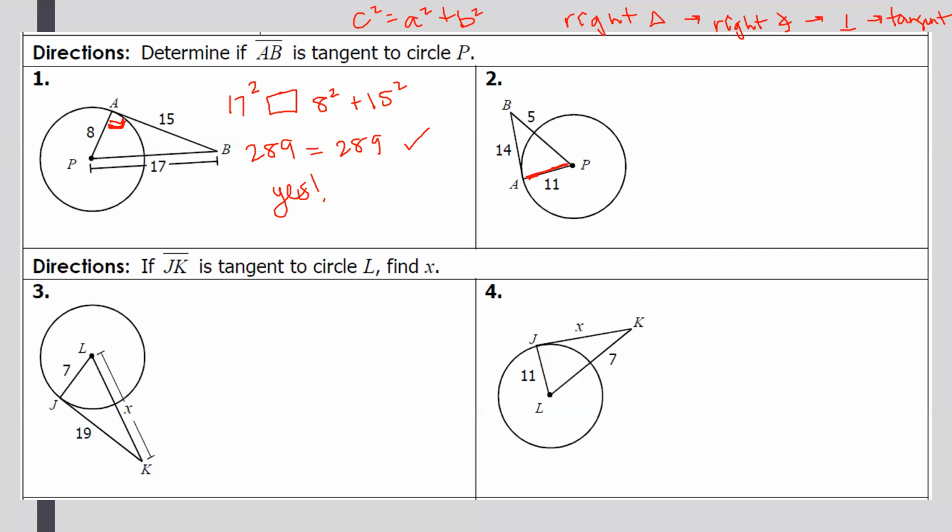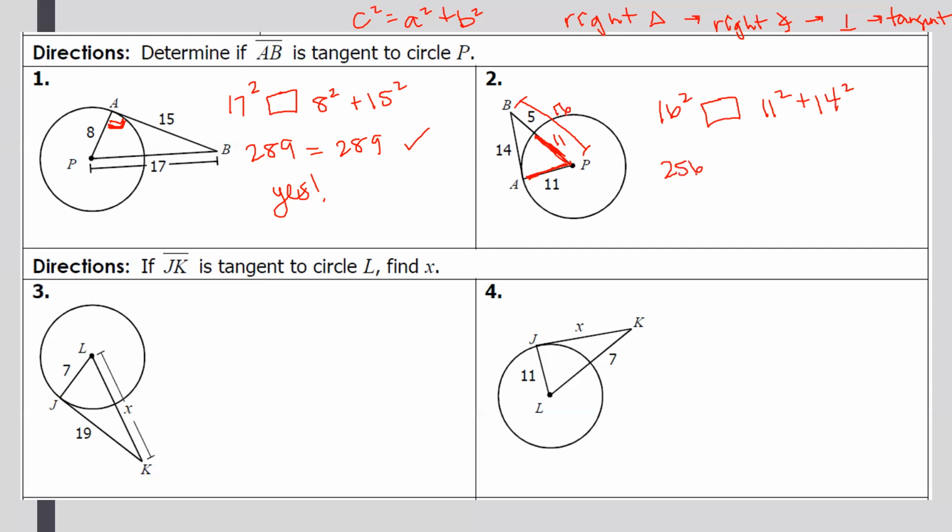Well, we know that the radius is 11. And in a circle, every radius is the same length, which means this radius is 11. So the hypotenuse here is 16. So does 16 squared equal 11 squared plus 14 squared? 16 squared is 256.